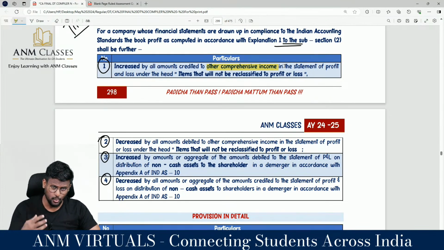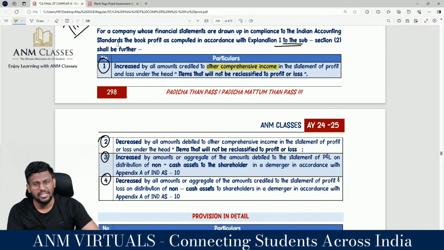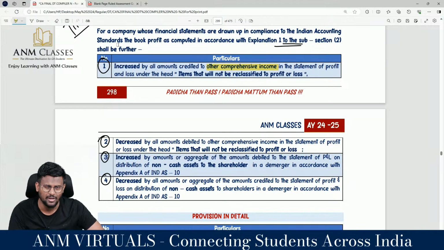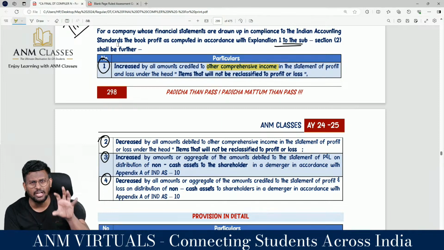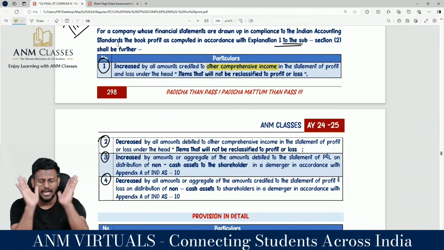The journal entry you would have passed is P&L account debtor to OCI account. Because of debiting the P&L account, the net profit, ideally the book profit as per the P&L account, will come down. You should not allow that to happen, so that item should be added back.